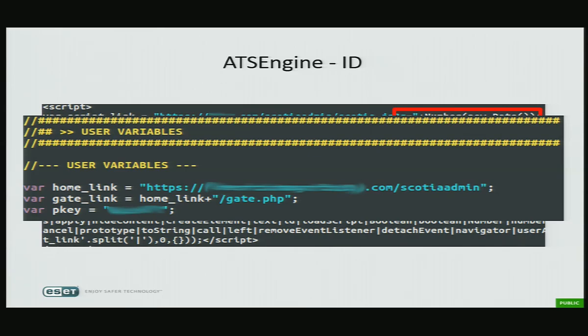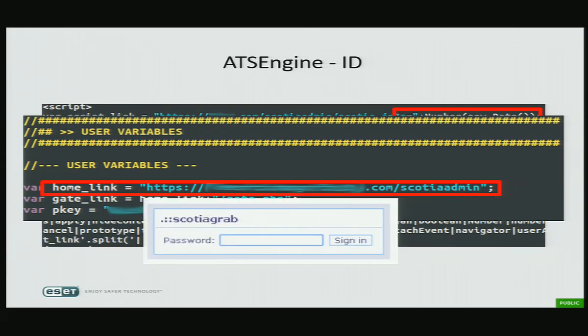If you download the JavaScript, this is a very small snippet of what could be downloaded in this particular case. You have comments that are present in the file, which are always the same, and you have specific variables as well that are used. Here you see onLink, and this is actually the link to the admin panel.